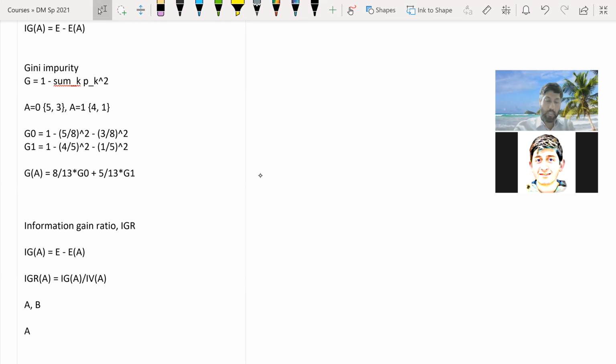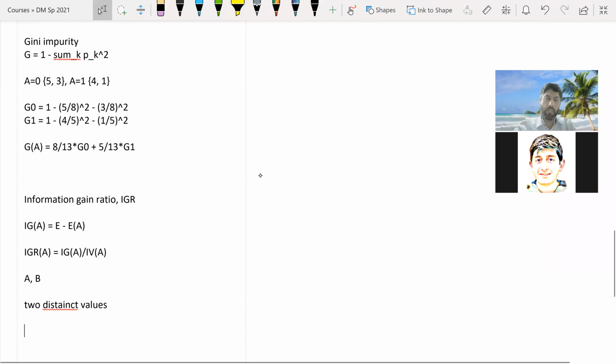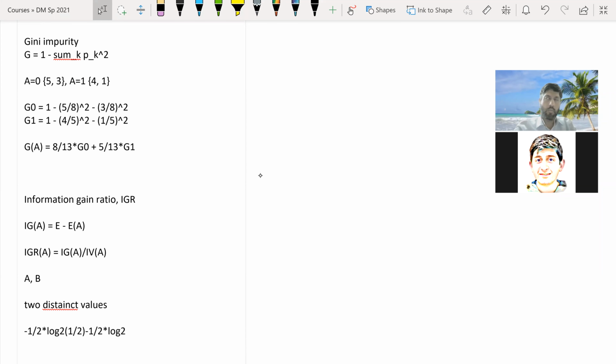For example, A, let's say 2 distinct values. What is the maximum possible entropy? So minus 1 over 2 into log 2 of 1 over 2, minus 1 over 2 into log 2 of 1 over 2. So this would be, I think, 1.